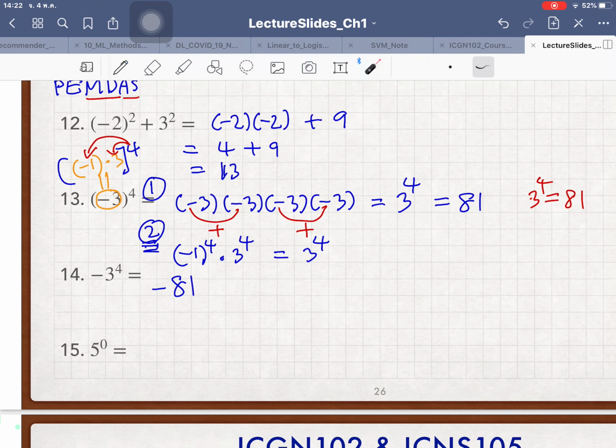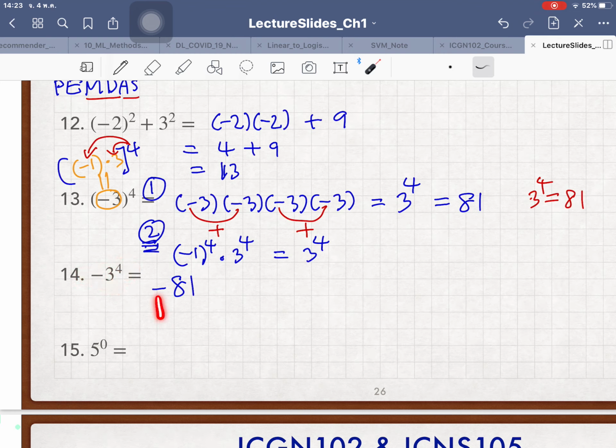So here you need to understand the difference between this expression and this expression. For the first expression, you take minus 3 and put the power 4 outside. But for the second expression, you take just the number 3, put the power 4, and multiply with minus 1 outside.